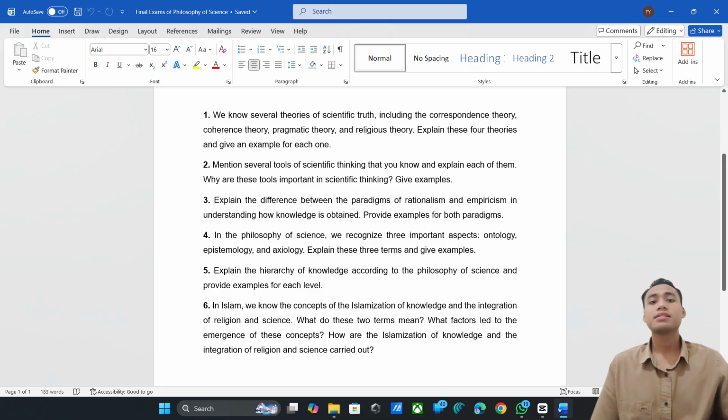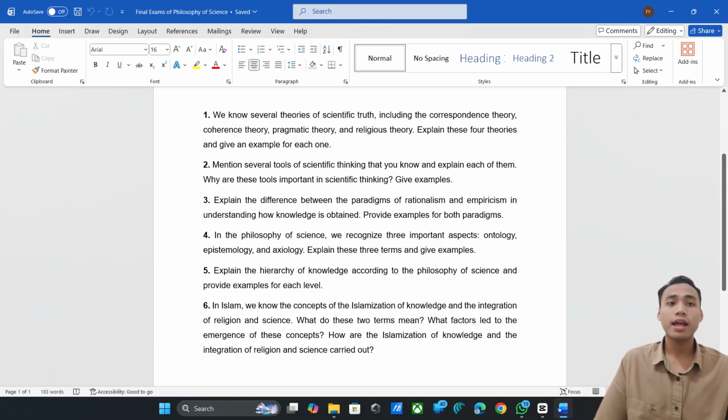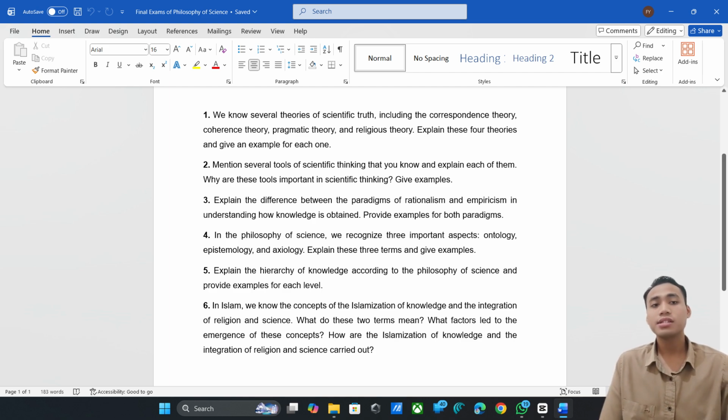These ideas appear because modern science often becomes too secular and disconnected from religion. They are applied by linking scientific findings with Quranic teachings, creating an integrated education system, and using science for the benefit of society.